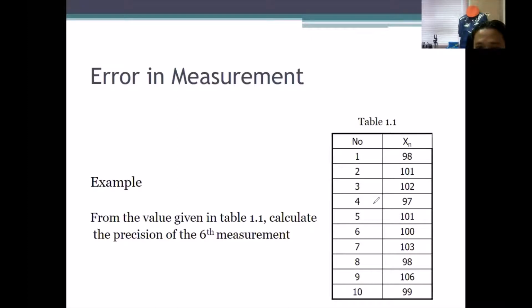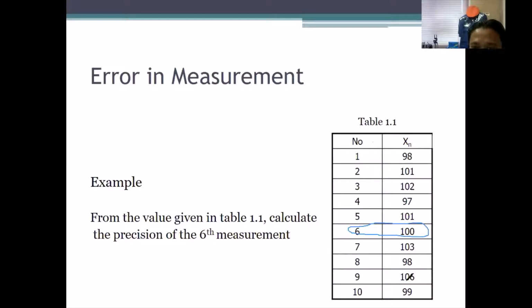The sixth measurement is 100. So you have to calculate the precision. That means first you have to calculate the average of these values. For example, you calculate 98 plus 101 plus 102 and so on, and divide by 10, and you get the average value.